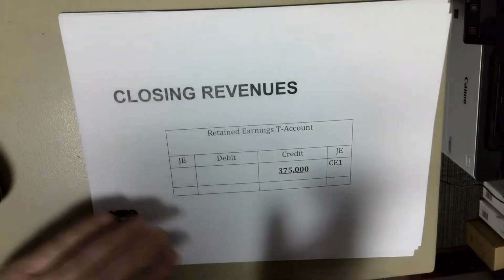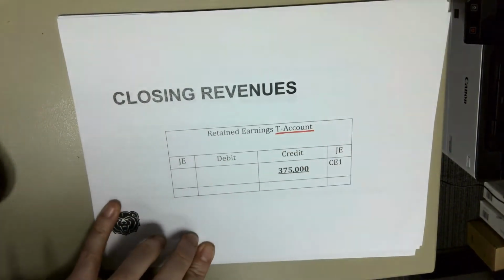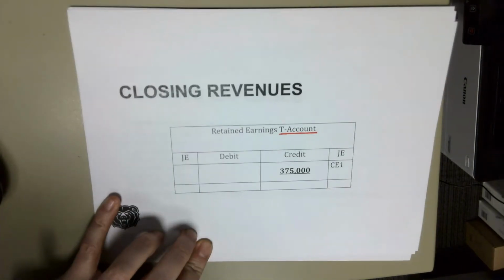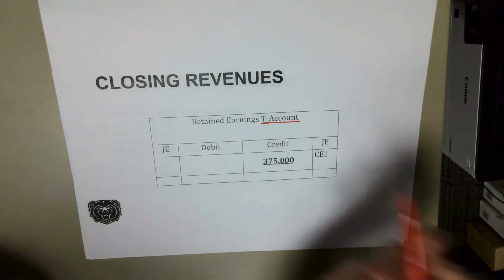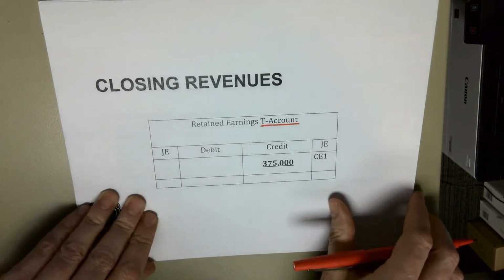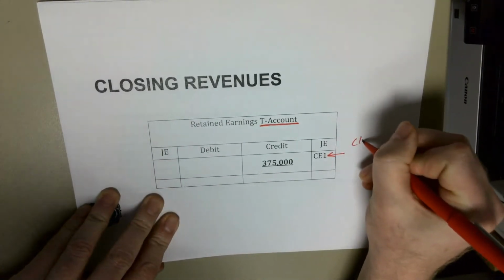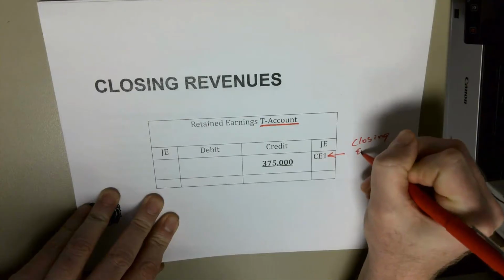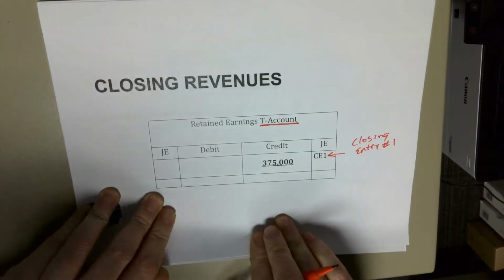So right here, we're really just looking at the retained earnings T account, okay? So we're just going to track this periodically once after every closing transaction. We're going to take a look at what the retained earnings T account looks like now. So we can see this is closing entry number 1. This just stands for closing entry number 1, okay?